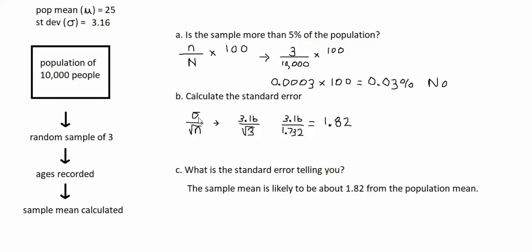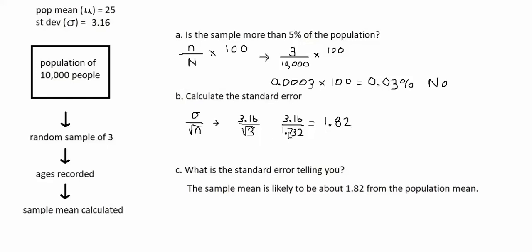So what we do is we plug in the population standard deviation, 3.16. This is sigma, the population standard deviation. Little n, the sample size, is 3 because 3 people are being selected. And we just divide 3.16 by the square root of 3, population standard deviation divided by the square root of sample size.